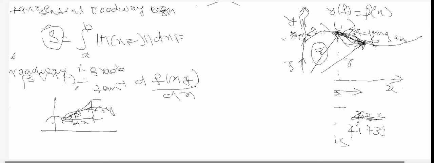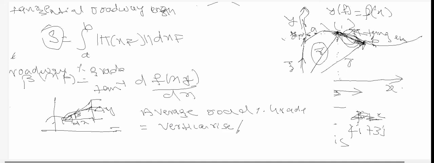Here we consider the average, since at every point this grade is going to vary. The average road percentage grade is given by the vertical rise divided by the horizontal distance, multiplied by 100. This is called a percentage grade.